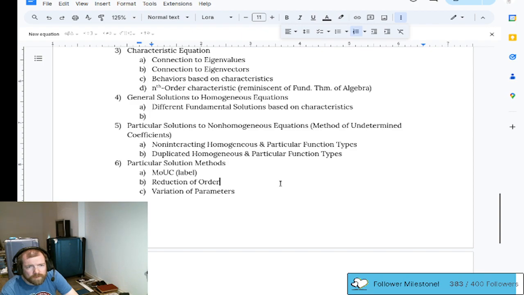Okay, yeah. Reduction of order is for finding a second solution.